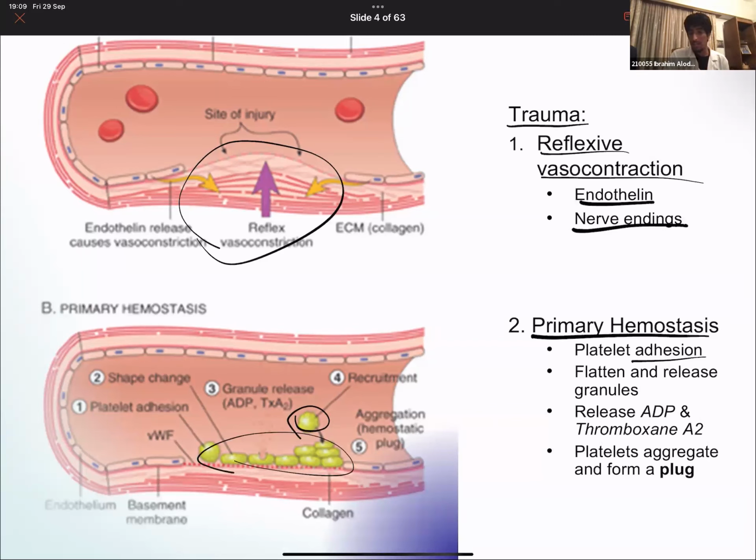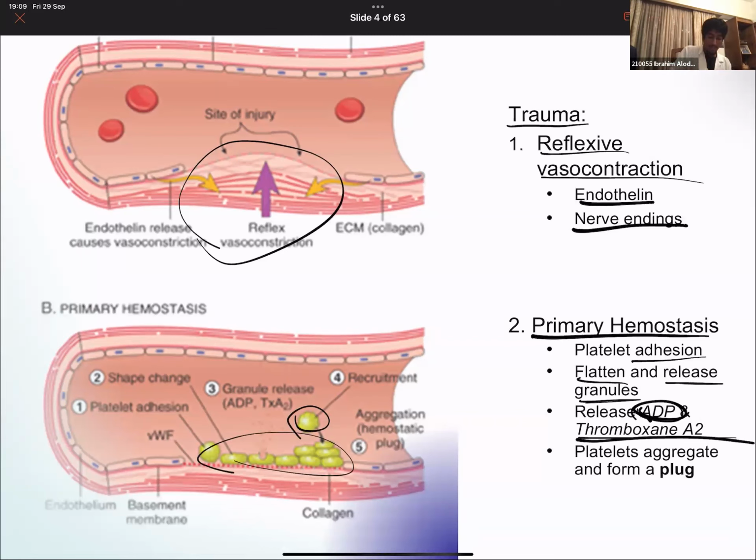The platelets are then going to change their conformation. They're going to become flat and they're going to release granules. These granules that they release are called ADP and thromboxane A2. ADP is adenosine diphosphate, which is the thing before ATP. So that's a little fun fact for you guys.